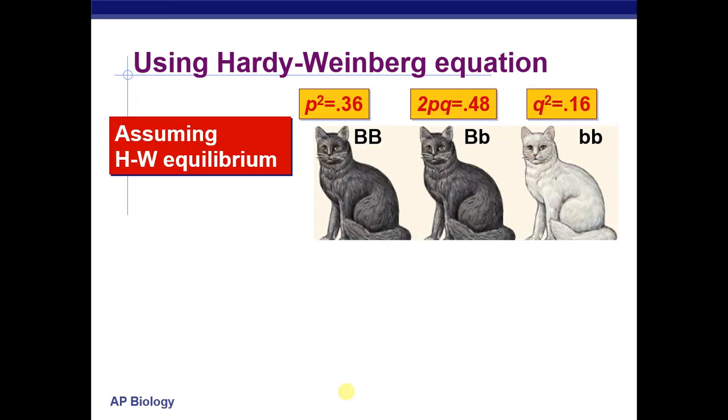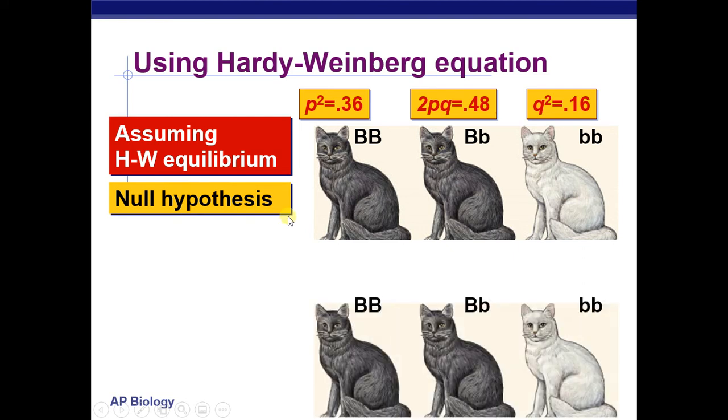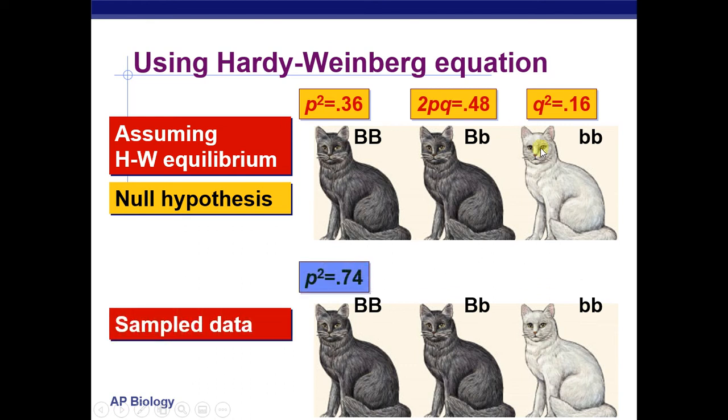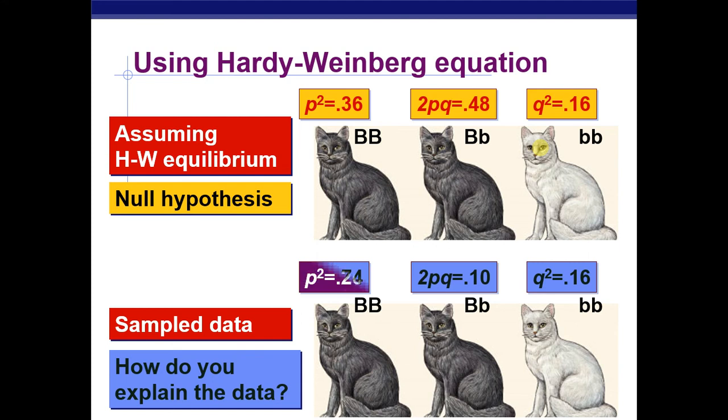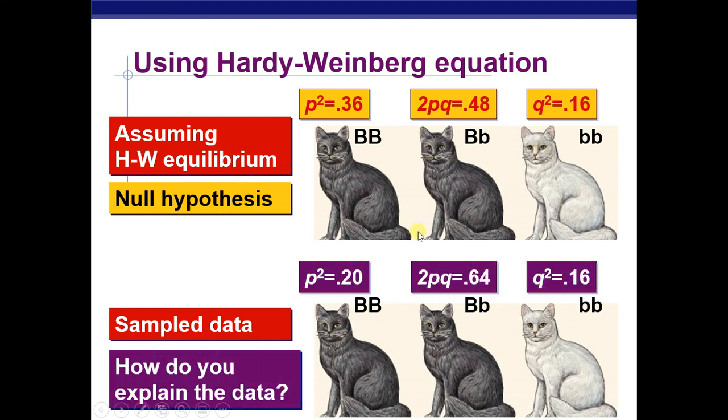So let's say that we were starting out with this. We have the genotypic frequencies, assuming Hardy-Weinberg equilibrium. That's kind of our default, our null hypothesis. We would assume this. And then if we get in the sample data, look how different it is. How would we explain these differences?